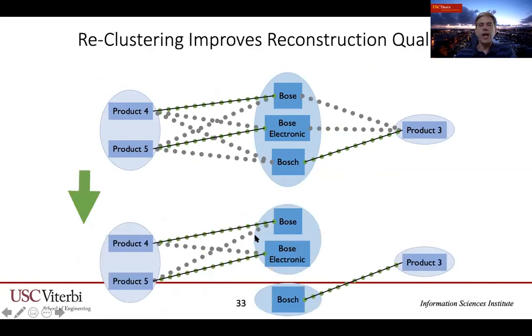Then you could see that you actually get a better match in terms of which links are predicted from the underlying data sources. And so by separating these things, product 3 is linked to Bosch, and product 4 and 5 are linked to Bose. And this, in fact, is a better grouping of different entities.